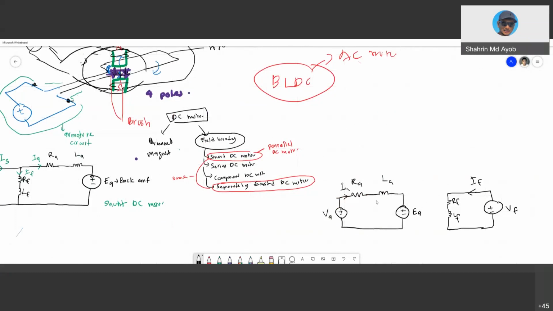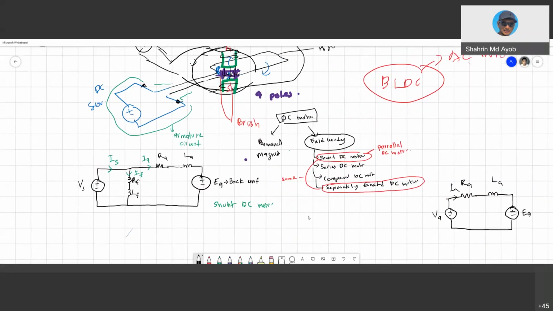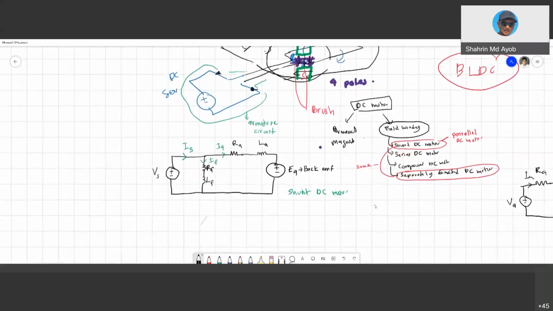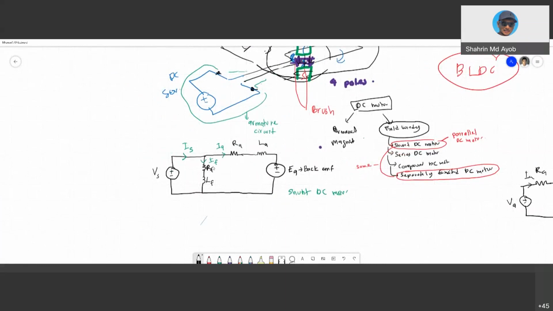Okay, but in terms of performance and characteristics, these two motors produce the same performance and the same characteristics. Okay, so from this one, we have RF and LF, RA and LA.